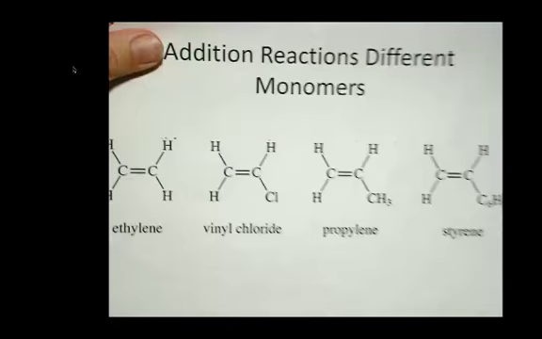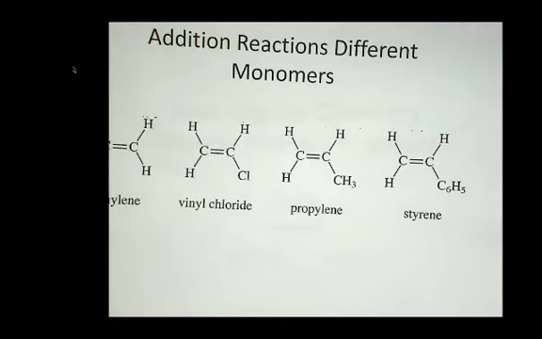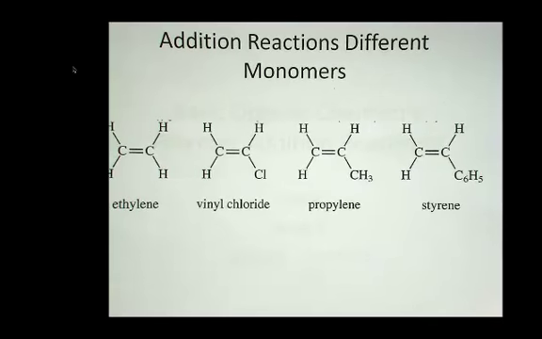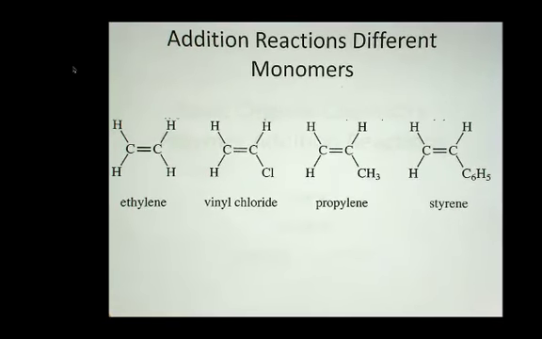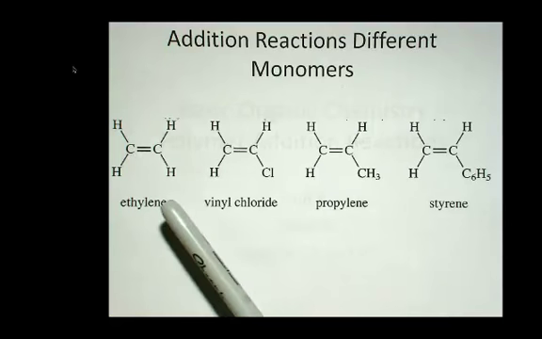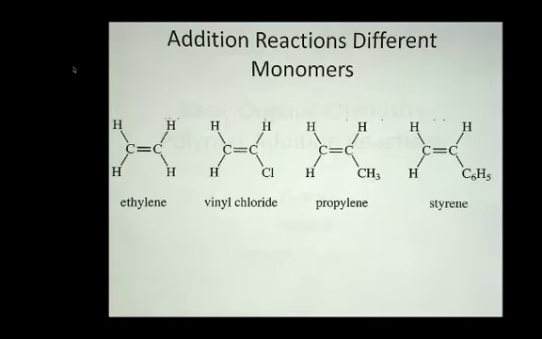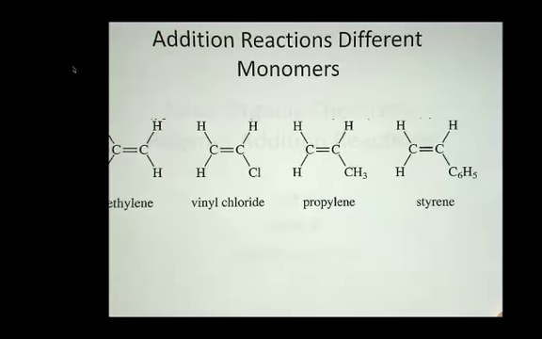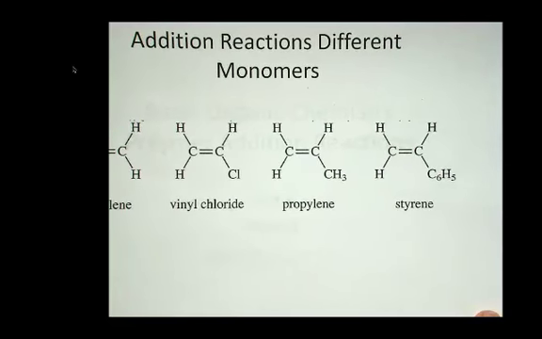So here's 4 common monomers that are used in addition polymerization reactions. Ethylene, of course, we've already looked closely at. And here's 3 other very, very common monomers used in addition reactions. So I'm going to scoot this over so you can see a little bit better.